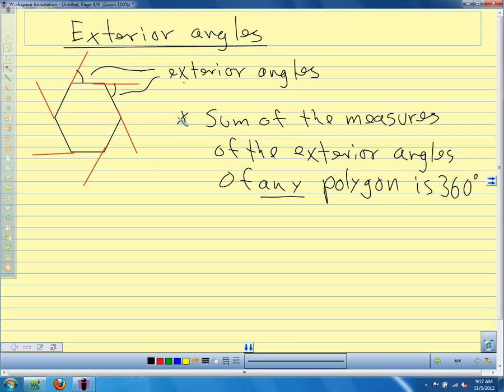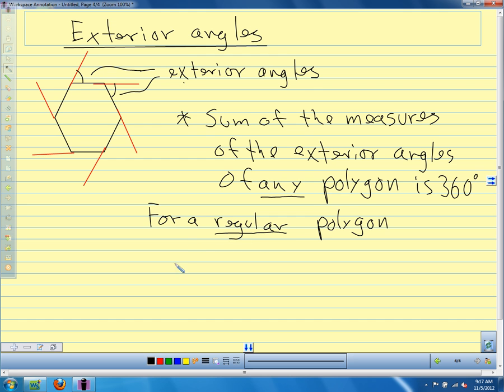So this isn't really a formula, but it's an important fact. We're going to say that the sum of the measures of the exterior angles of any polygon is 360 degrees. So for a regular polygon, if we know that all the exterior angles add up to 360 degrees, and we want to find one, all we have to do is divide by the number of sides.